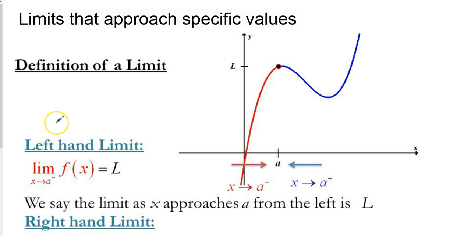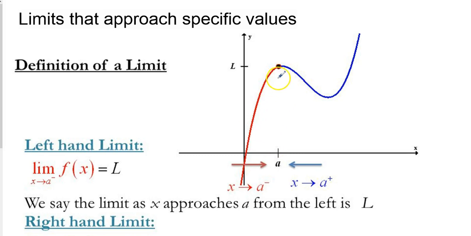So check out this graphic here. You don't need to write this down necessarily, but let's appreciate it. We have our left and right hand limits. We've talked about as x approaches a from the left and as x approaches a from the right when we talked about intermediate behavior around vertical asymptotes.